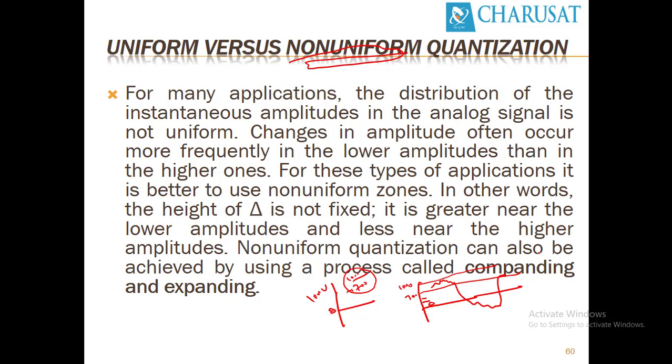But the disadvantage, or one precaution, is that both ends have to apply the same non-uniform zones at the sender side as well as the receiver side. The receiver must know what method the sender has applied to create zones. Only then can the receiver generate the original signal.